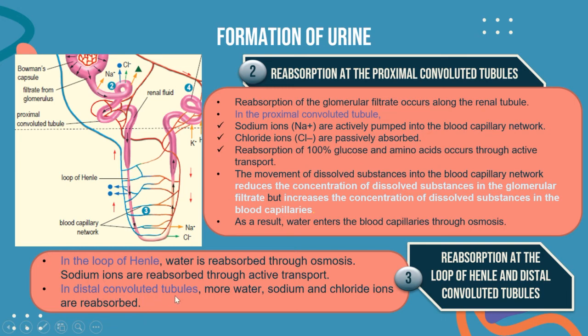Now we move to the distal convoluted tubule. More water, sodium and chloride ions are also reabsorbed. So the same process occurs along the renal tubule.